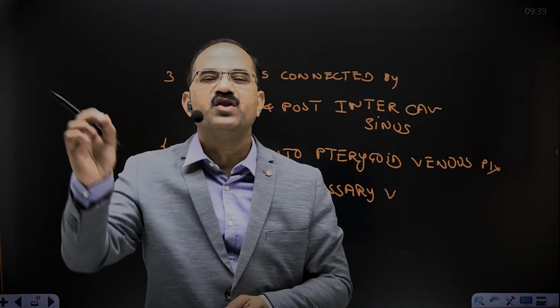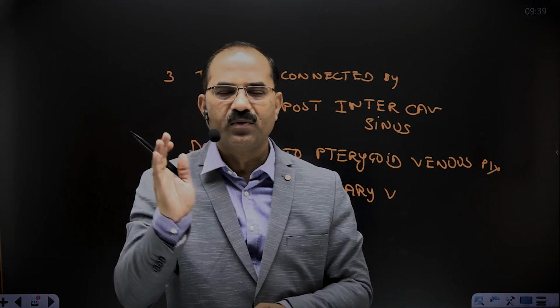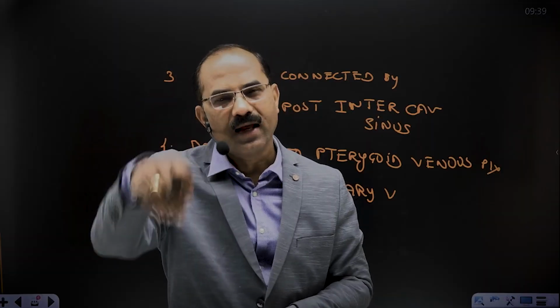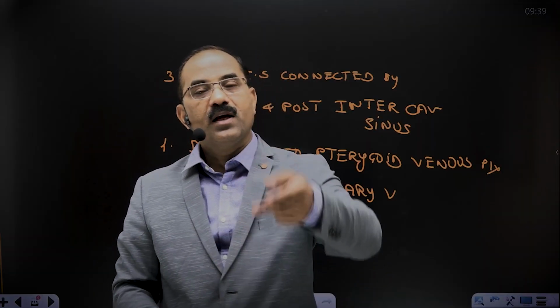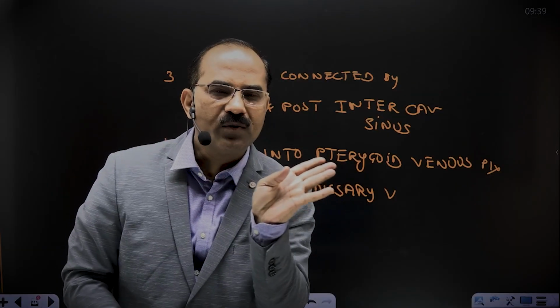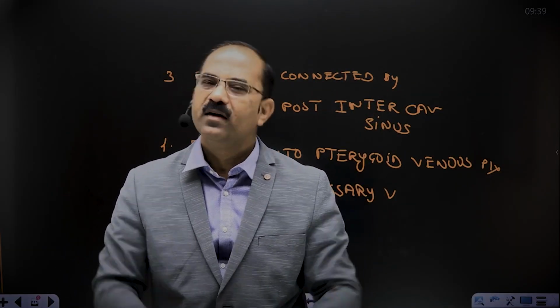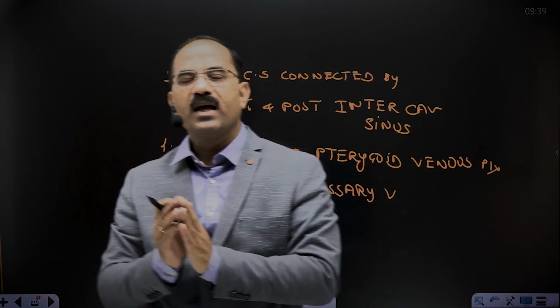The superior sagittal sinus goes to the right side: the right transverse, the right sigmoid, and the right internal jugular vein. The inferior sagittal sinus becomes the straight sinus, then the left transverse, the left sigmoid, and the left internal jugular vein.